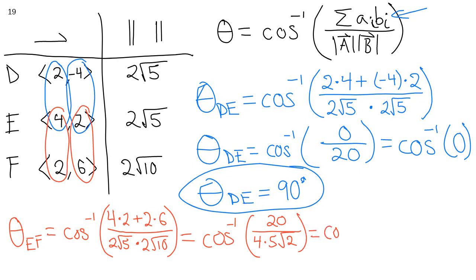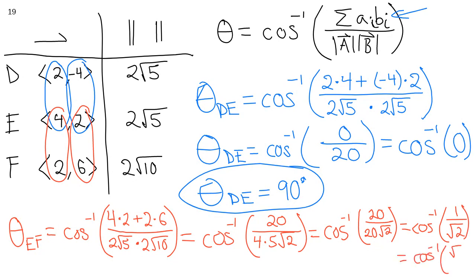So that's the cosine inverse of 20 over 20 root 2. The cosine inverse of 1 over the square root of 2. That's the same thing as the cosine inverse of the square root of 2 over 2.